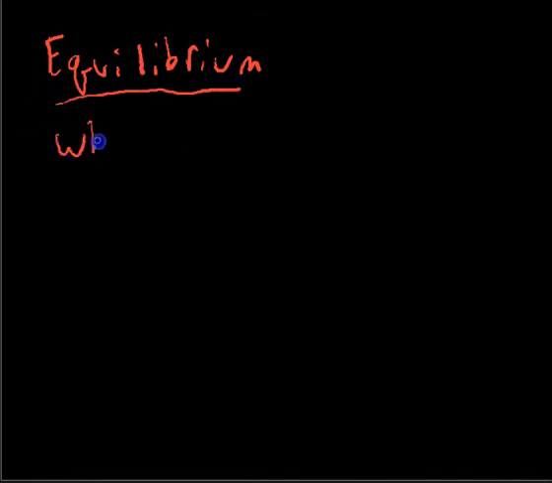Equilibrium is when the net force equals 0. When my friend was pushing on the boulder with 50 newtons and I was pushing on it with 50 newtons from opposite directions, the boulder was in equilibrium in the weakest sense of the word.